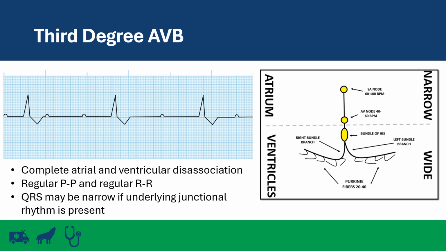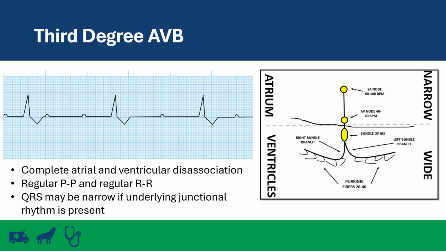Now, the final type of heart block is the most severe and most serious. This is a third degree heart block, also called a complete heart block. So in a complete heart block, the ventricles and the atria are completely working independently. They're not working together. It is essentially like someone stabbing a knife between the atria and the ventricles. So the SA node is still sending impulses.